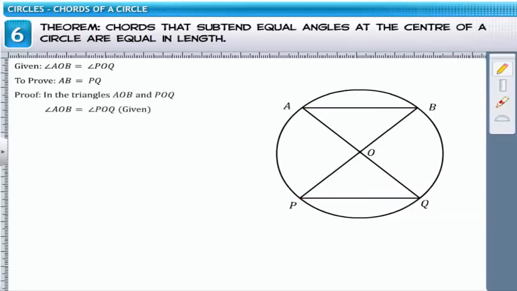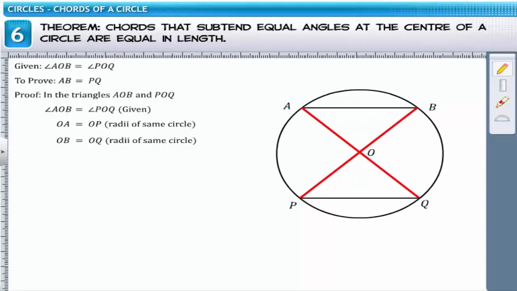In triangles AOB and POQ, we know that angle AOB equals angle POQ. Note that OA equals OP and OB equals OQ, since all these four lines are radii of the same circle.